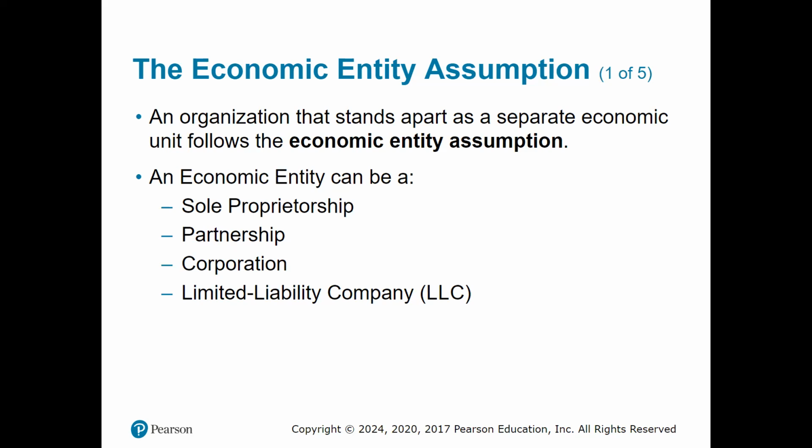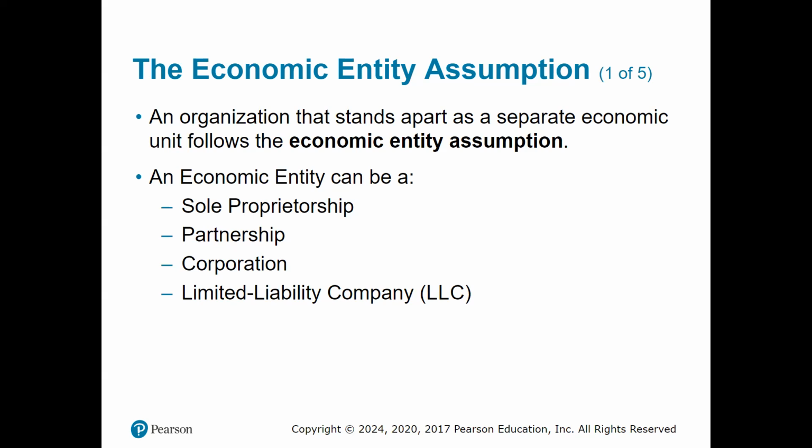Now, a partnership is sort of the next step up in complexity. You don't have to have a written partnership agreement, although it's highly advisable from a legal standpoint. But a partnership is where you basically have more than one owner, but it can be an informal entity.